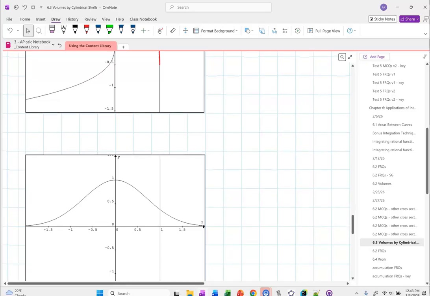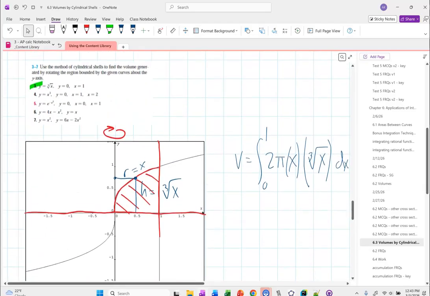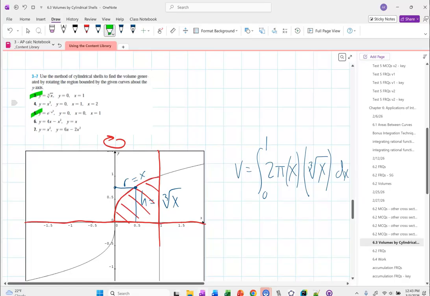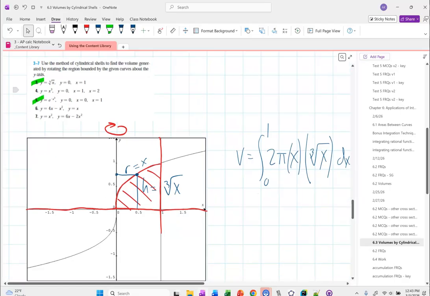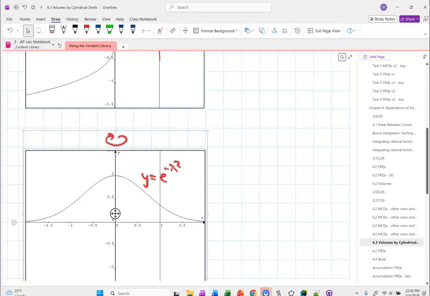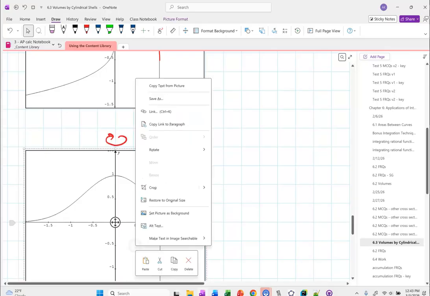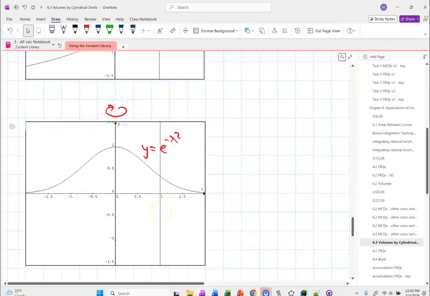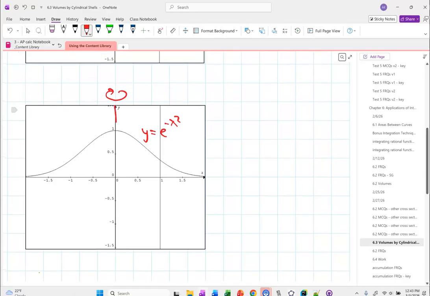So this one is, let me just check. That's this one. So this is still doing this. This is y equals e to the negative x squared. And then we're going here.